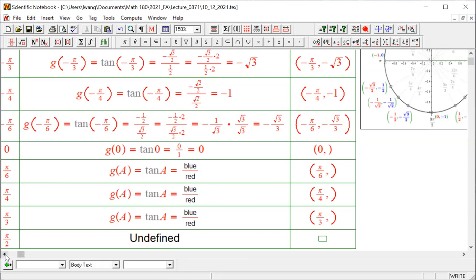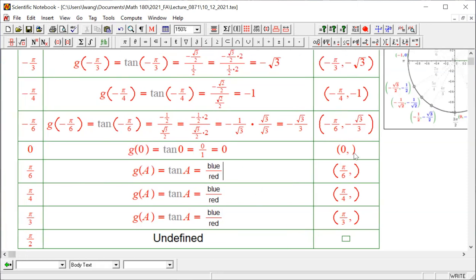Okay, so that's 0. Now pi over 6. In that case, the blue and red are going to be positive, positive.